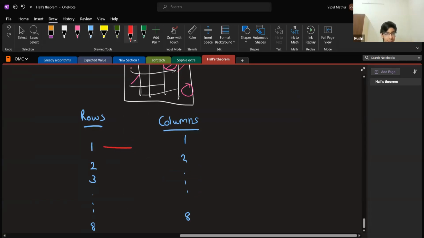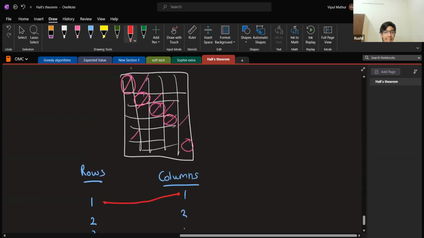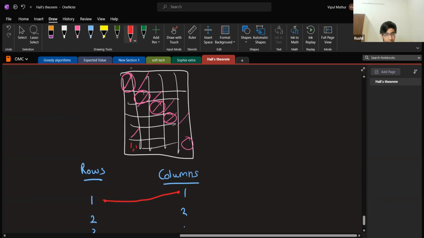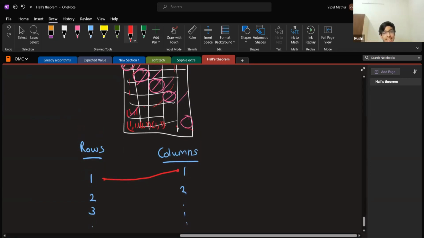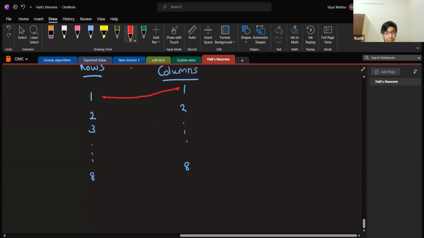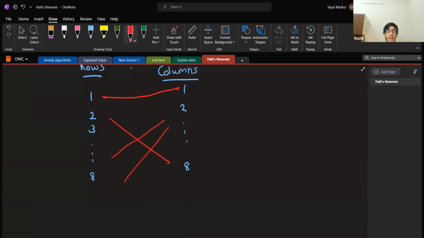And you join these two with an edge if there's a piece in 1 comma 1. So I've made a grid sort of. This is 1 comma 1, this is 1 comma 2, this is 1 comma 3, and so on. This is 2 comma 1, and so on. Everything in this grid is now labeled, but only some of these labeled points have pieces on them. So for example, this one has one, or this one has one, something like that.